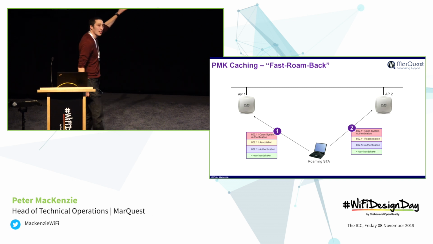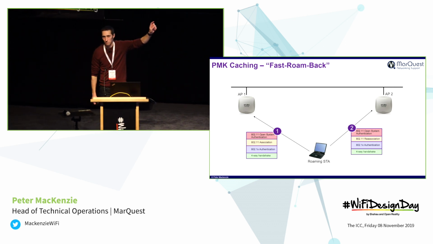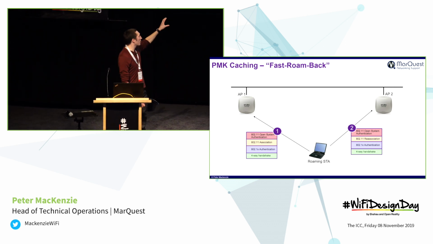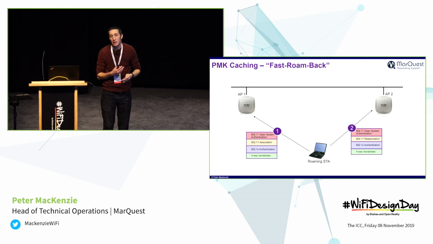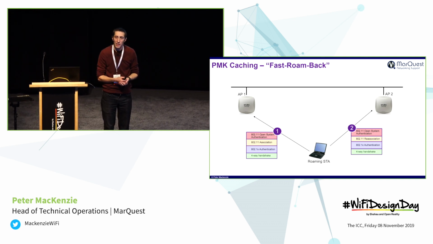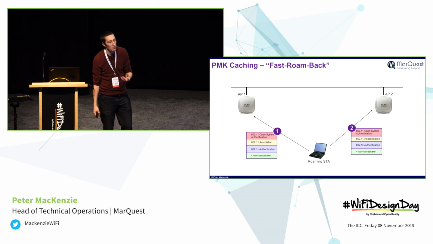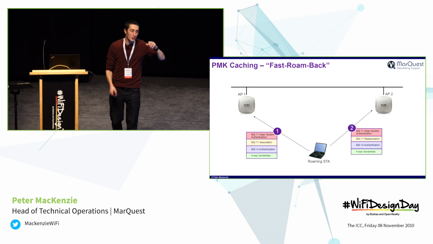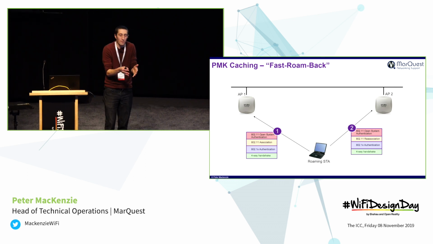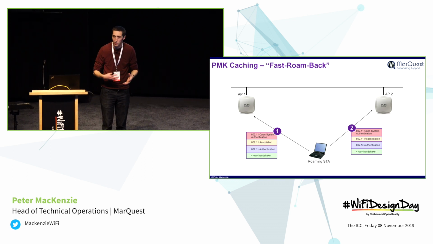because we've been associated to AP1, one of the main things you get from an 802.1x exchange is something which we call the pairwise master key. That is the key we need to feed the 4-way handshake to get all our encryption keys.